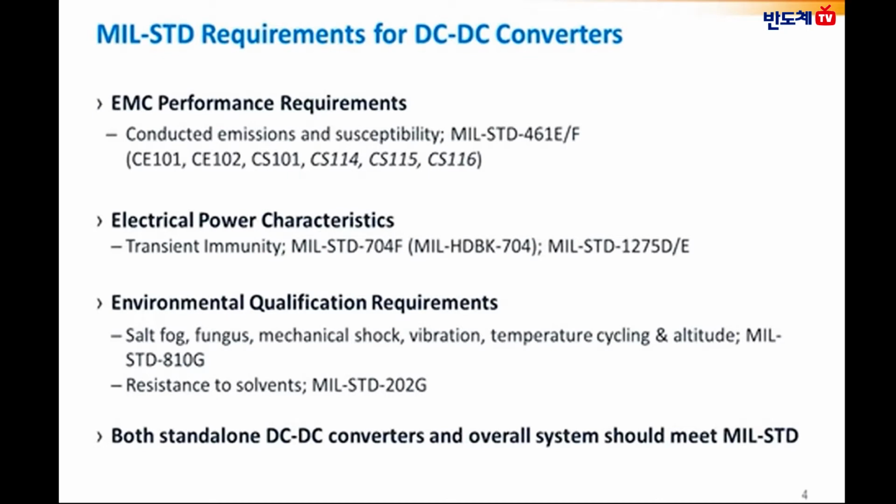Thus, regulatory bodies such as the U.S. Department of Defense put in place certain military standard limits for reliable operation of switching power supplies in harsh environments. Such MIL standard documents are MIL-STD-461E or F, which describes the conducted emissions and conducted susceptibility limits.